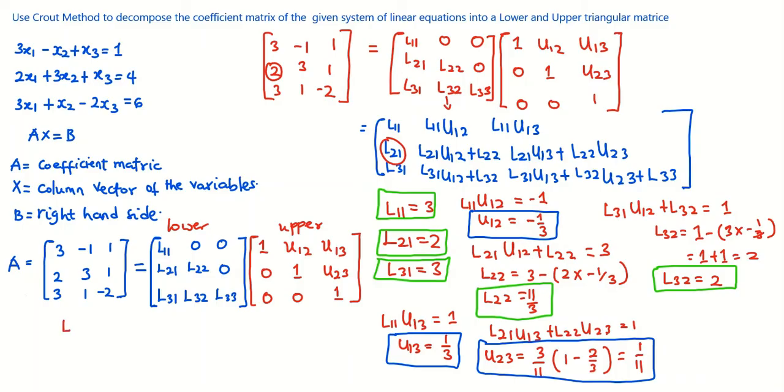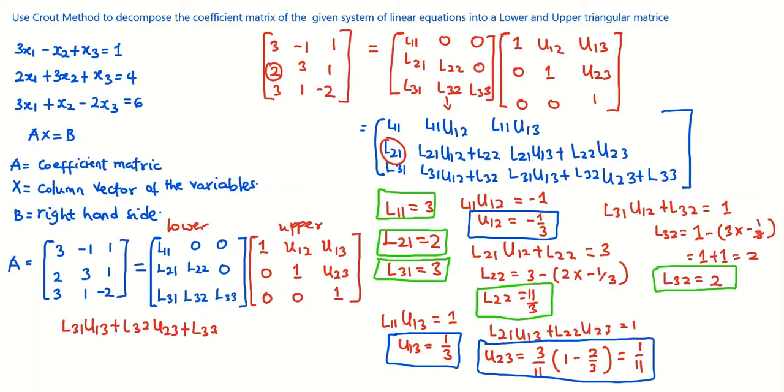Alright, so lastly we have, let me solve this here, L31 U13, plus L32 U23, plus L33. Let's look at which value we are finding now. We know L31, we know U13, we know L32, we know U23.